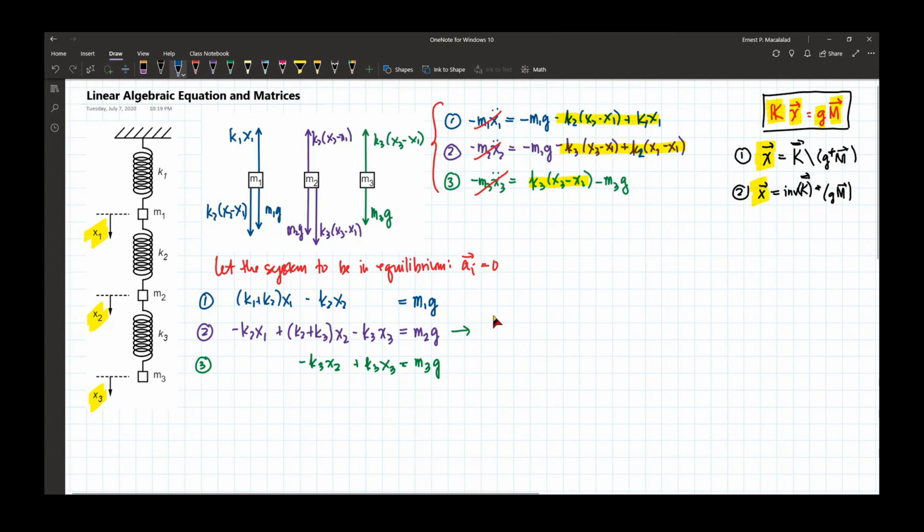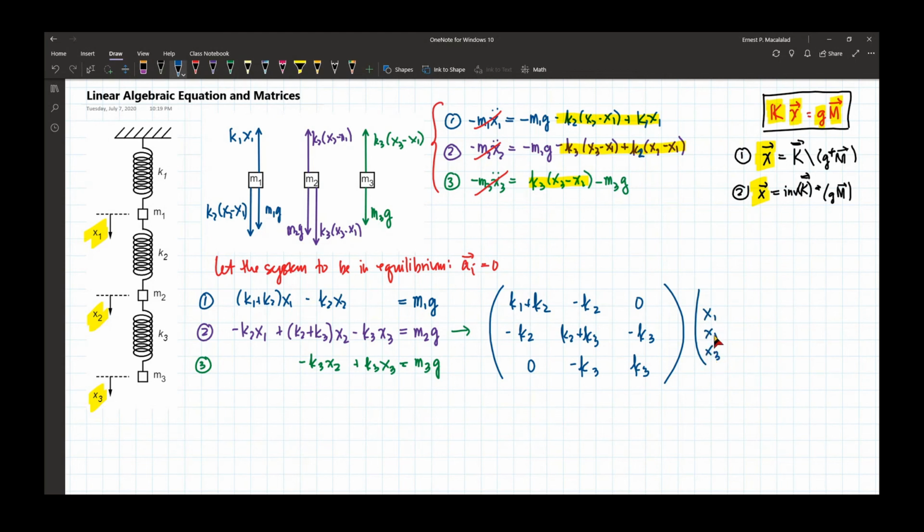So our matrix equation becomes: the rows are (k1 plus k2, minus k2, 0), (minus k2, k2 plus k3, minus k3), (0, negative k3, k3). And this is multiplied with x1, x2, and x3.